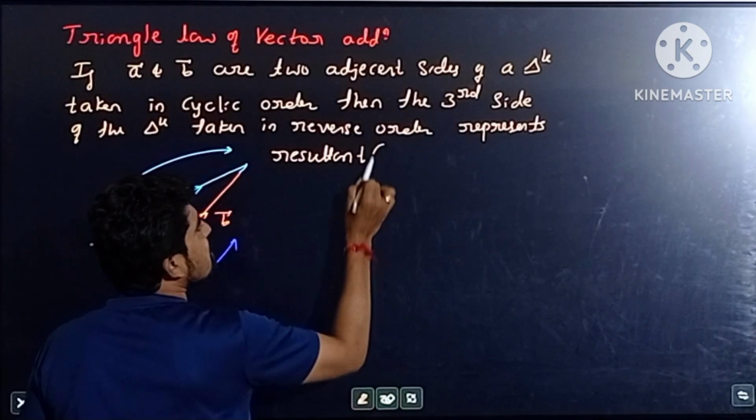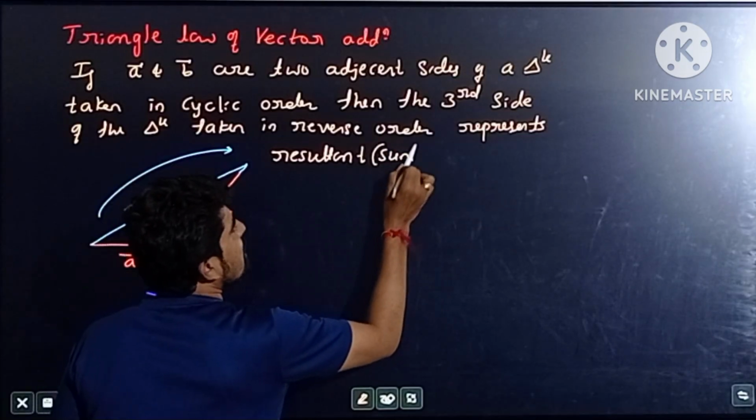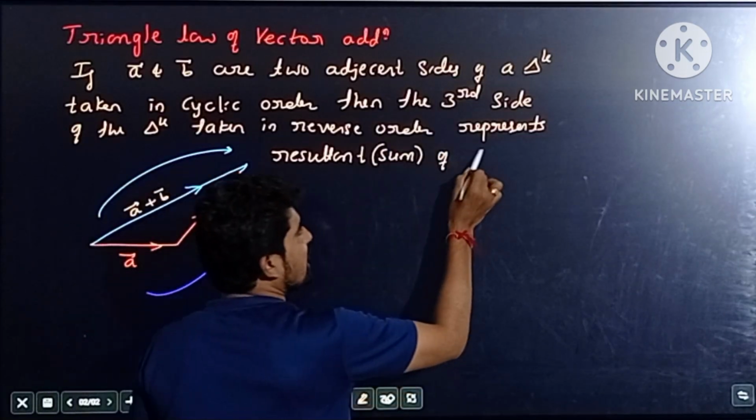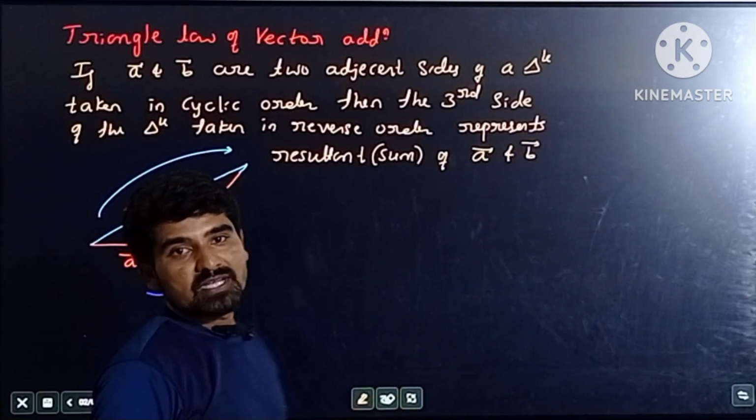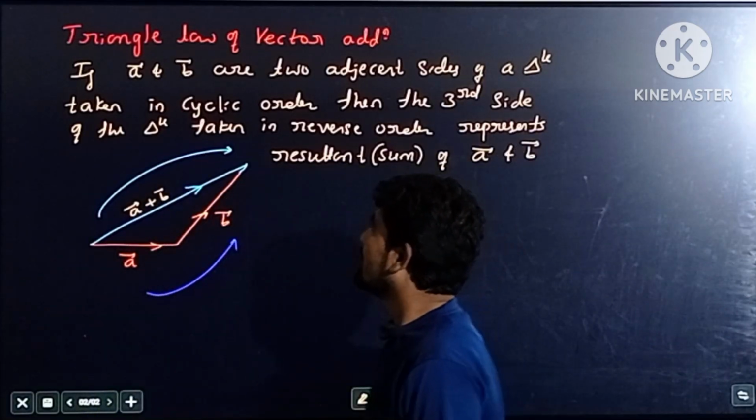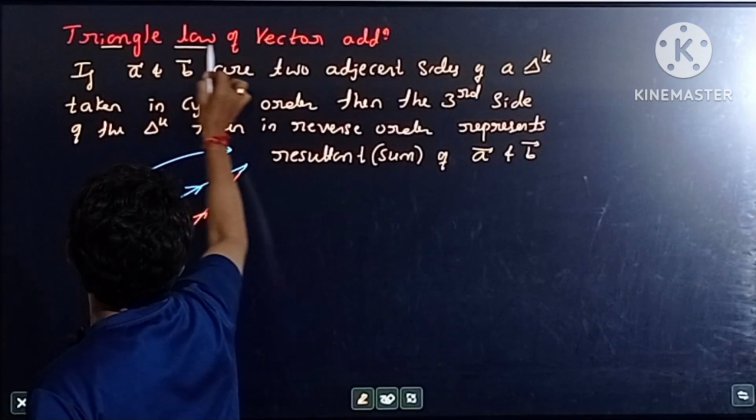Resultant in the sense of the sum of A vector and B vector. I hope all of you understood what the triangle law of vector addition actually is.